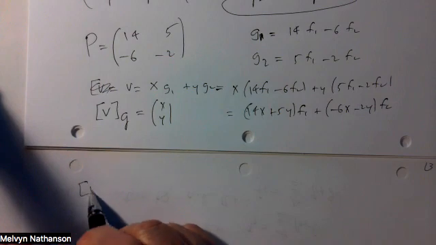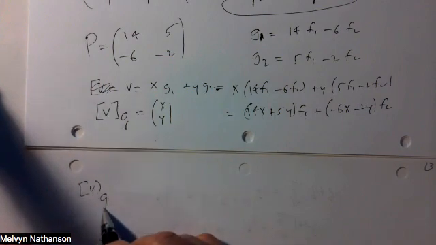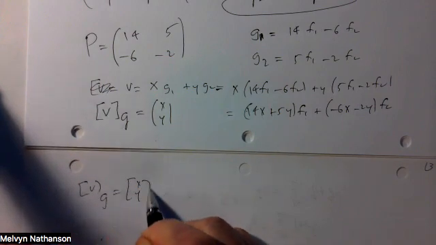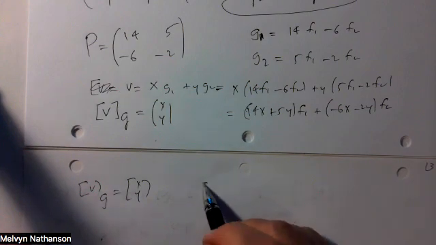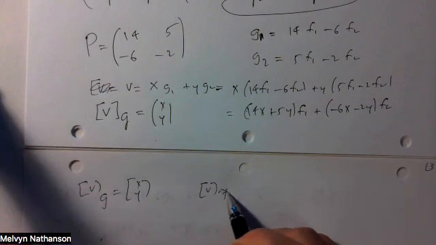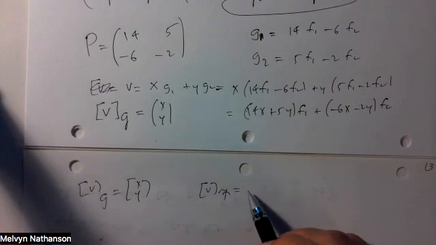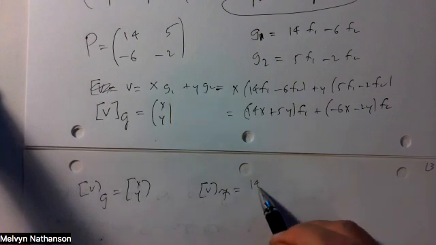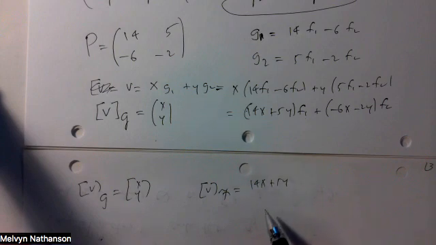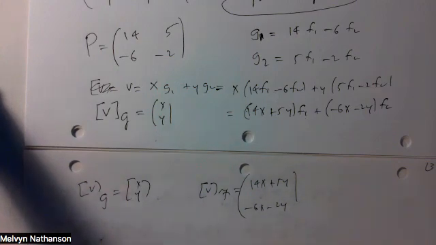I have the coordinate vector of V with respect to G is xy, and the coordinate vector of V with respect to the basis F is 14x plus 5y, minus 6x minus 2y. It's that vector.